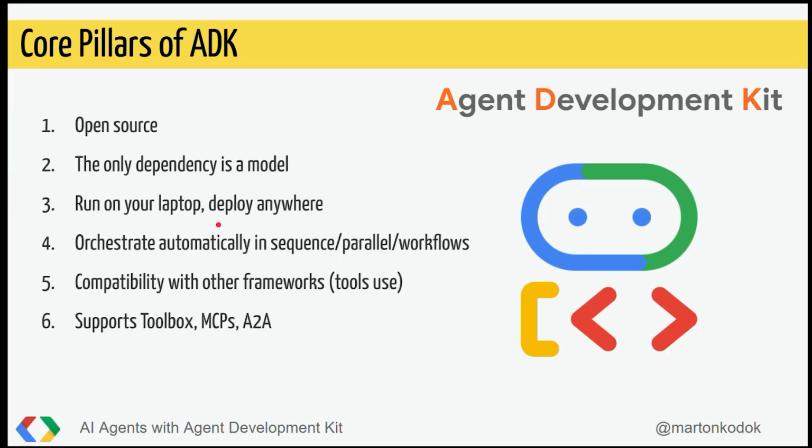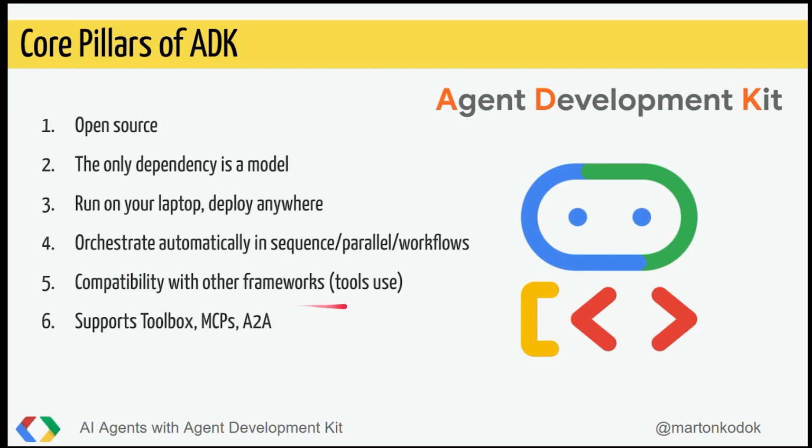You can deploy on servers and short services, even JavaScript environments, and you can even distribute as a Go binary as well. What I really like is that orchestration automatically can do sequence, parallel, and workflow type of orchestration.